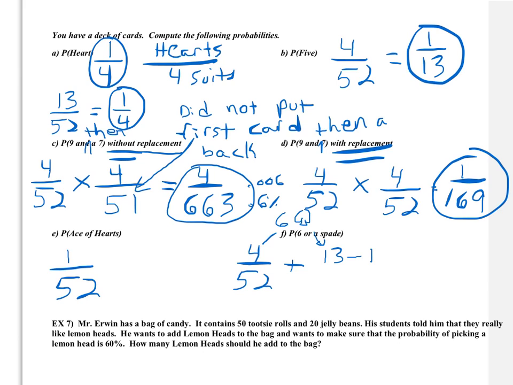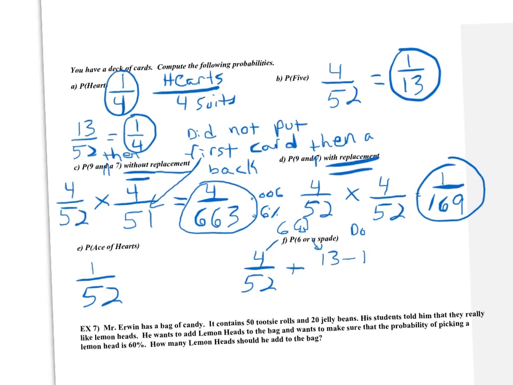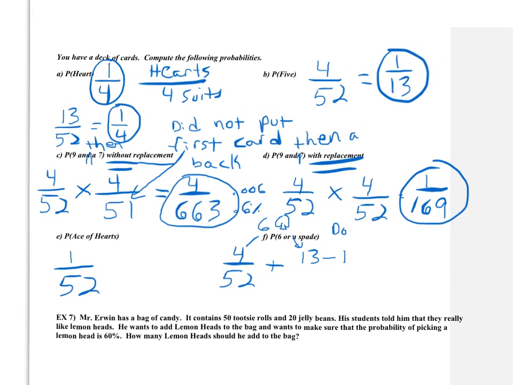And let's put a note here, and I'm going to zoom out so I can write a little bit bigger. Okay, we don't double count 6 of spades. So that's why, and draw an arrow, that's why we have to subtract the 1.